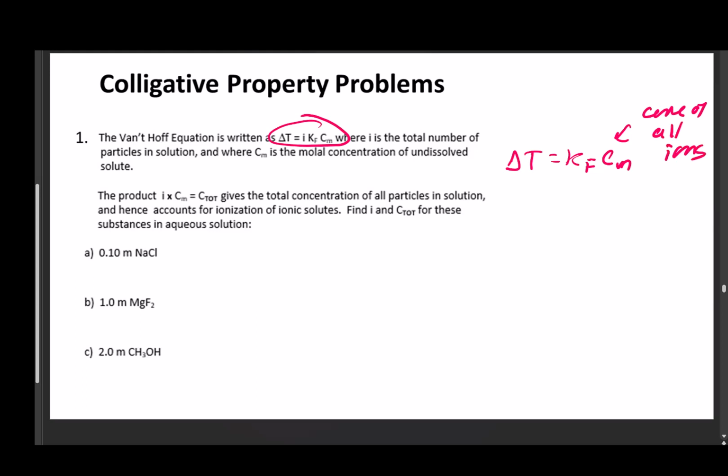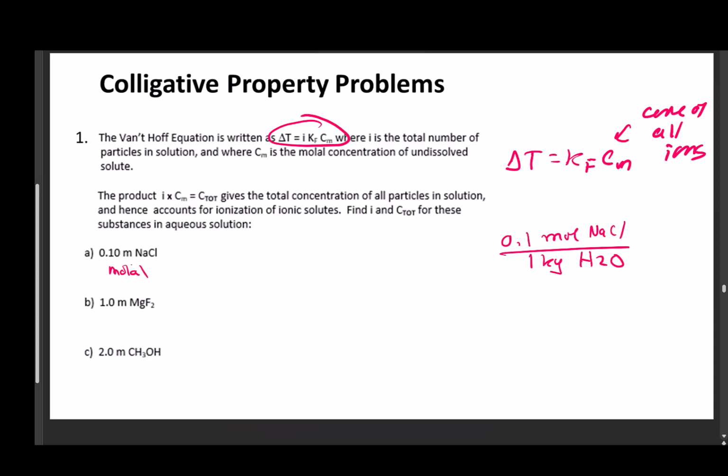Instead of calculating the concentration by multiplying it by i, you could just calculate the molality as the number of moles of ions in solution. That's the only thing I'm saying here. So for sodium chloride, if you had 0.1 molal, that means 0.1 moles of NaCl per kilogram of solvent water.